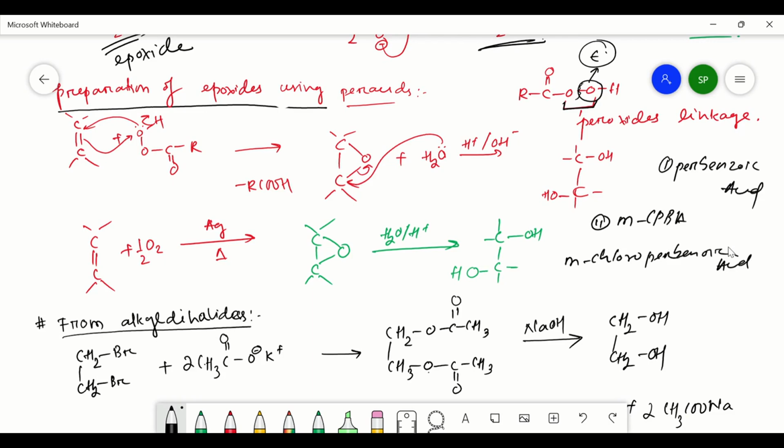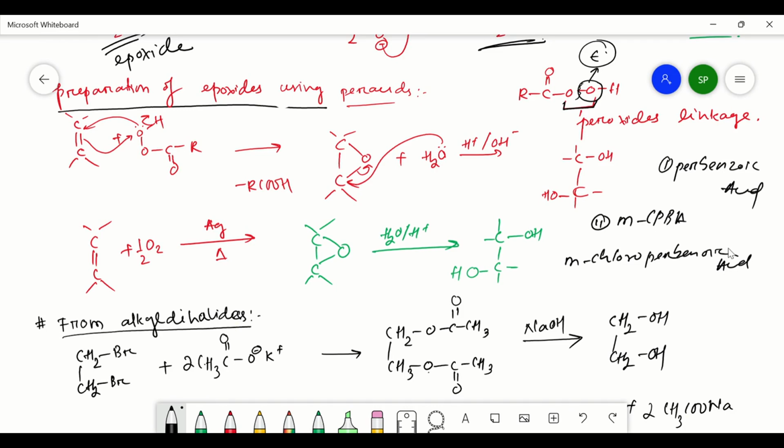If you ever see an alkene reacting with mCPBA in any reaction, that means this will form an epoxide. So we can see this also in the preparation of epoxides.